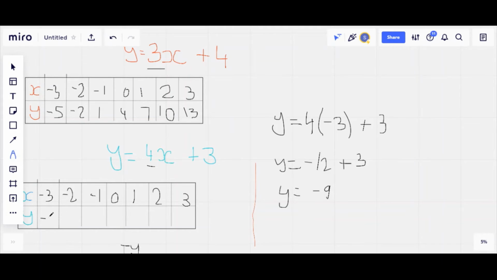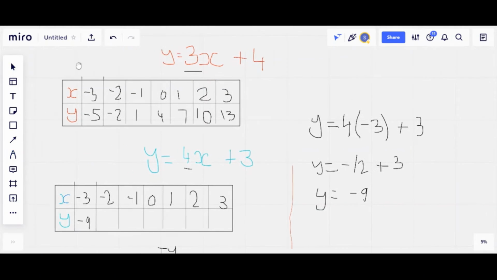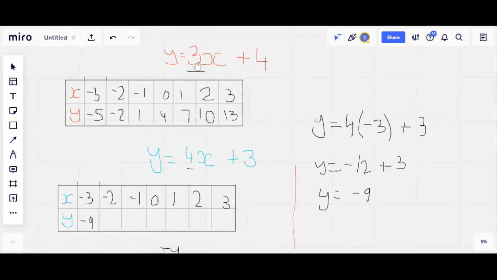So here we've got -9, and from there we can use the same process that we did for the second half of this first table, just for the rest of this one here. So we can have a look at our rule here. We can see that our gradient or rate of change is 4. So if it's going up by 4, -9 plus 4 gives us -5. -5 plus 4 gives us -1.